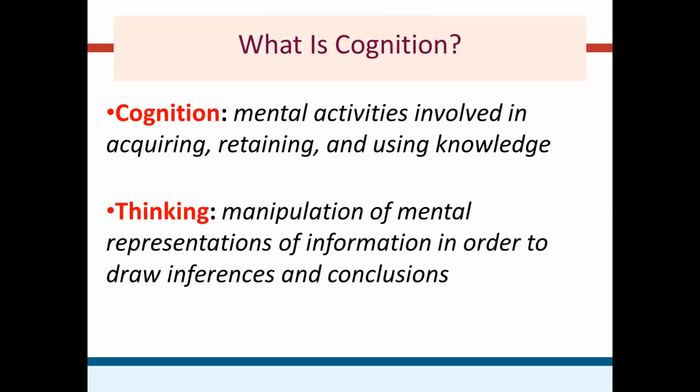So we want to use the mental representations that we have obtained of information and then hopefully make sense of them, as well as use those to aid us to draw conclusions.